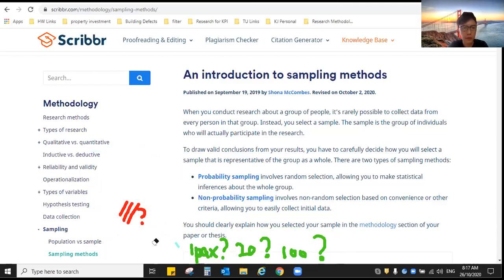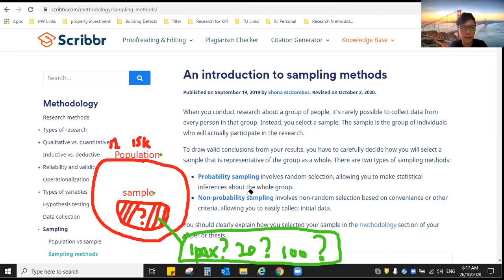We continue with sample size calculations. From here, there are two types of sample. The first one is probability sample. The second one is non-probability. Probability means I select the students with random selection.